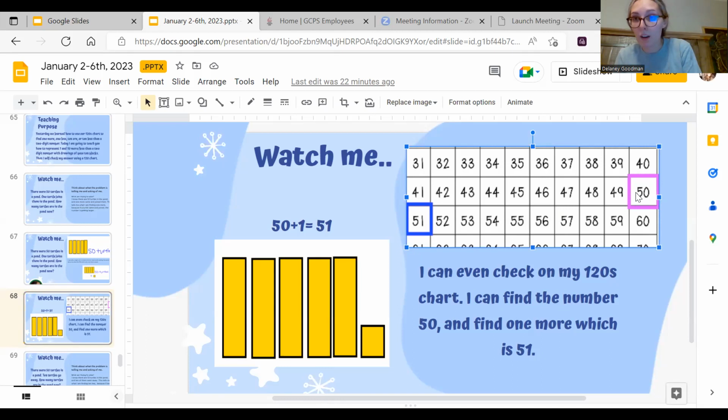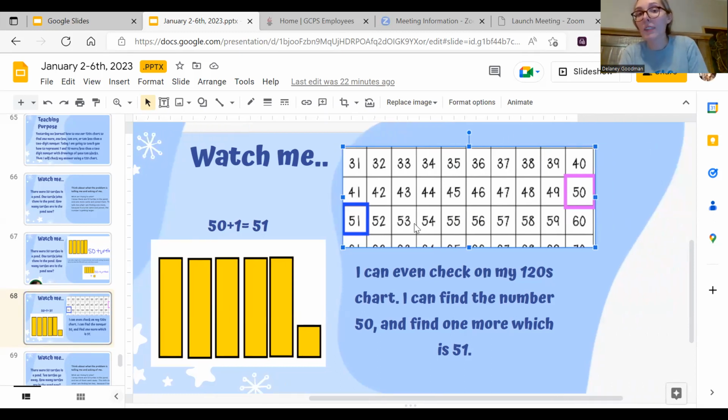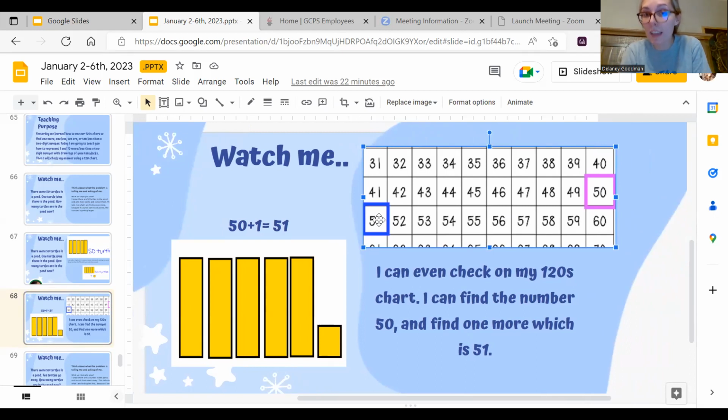More means bigger, okay? So I need to move in the direction that is getting bigger. So if I move 1 in the direction that's getting bigger, what number do I land on? I landed on 51. 51. Is my answer the same as it was when I drew my cubes? Yes, it was, okay?